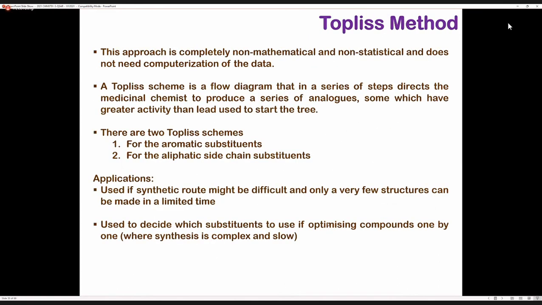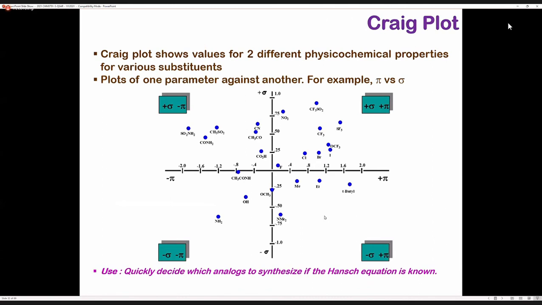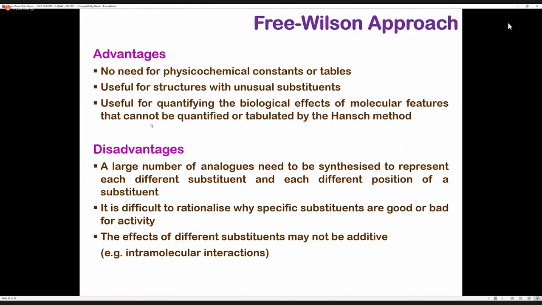Right? Yang famous ni Hansch lah tadi ni. Hansch equation ni. Right? And then you boleh guna Craig plot. Craig plot paling senang lah untuk you dapat terus identify which compound terus kat sini. Right? From Hansch equation, plot the Craig plot and then ambil je yang mana yang fit the Hansch equation punya requirement. Terus dapat. Kan?